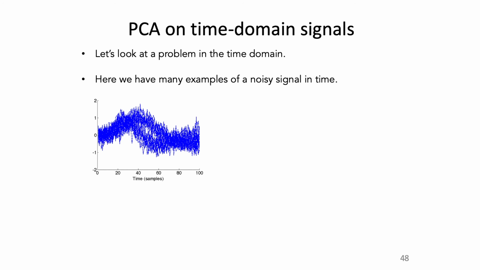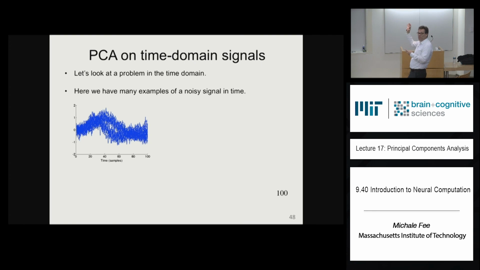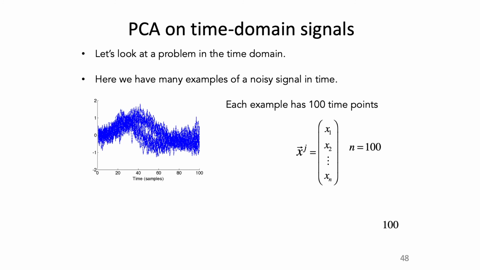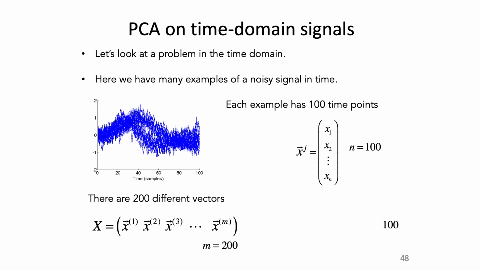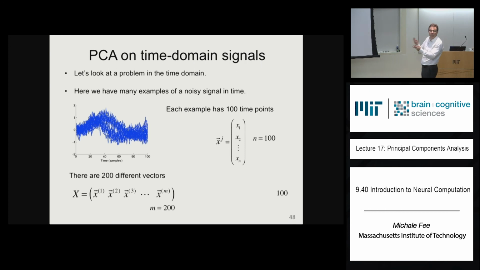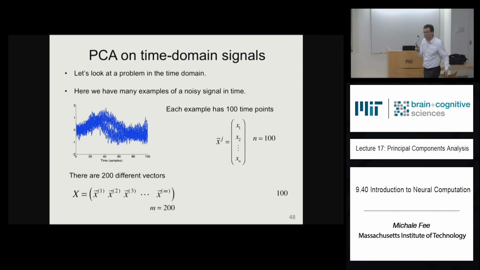Well, what we do is we take each one of those time series and we stack them up in a bunch of columns. So our vector is now a set of 100 time samples. Okay, so there's a vector of 100 different time points. Does that make sense? And we have 200 observations of those 100-dimensional vectors.